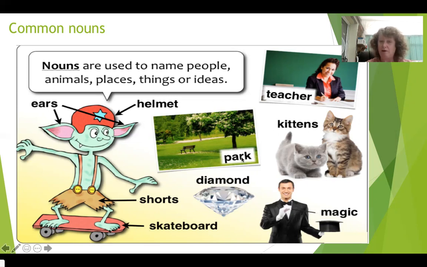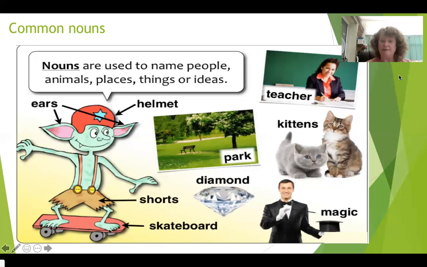We have park. Well, if we were talking about Victoria Park, that is a name of a park, that would be a proper noun. We have teacher. So it could be any teacher. It could be the maths teacher, the science teacher, or my teacher at school. That's a common noun when we just say teacher.